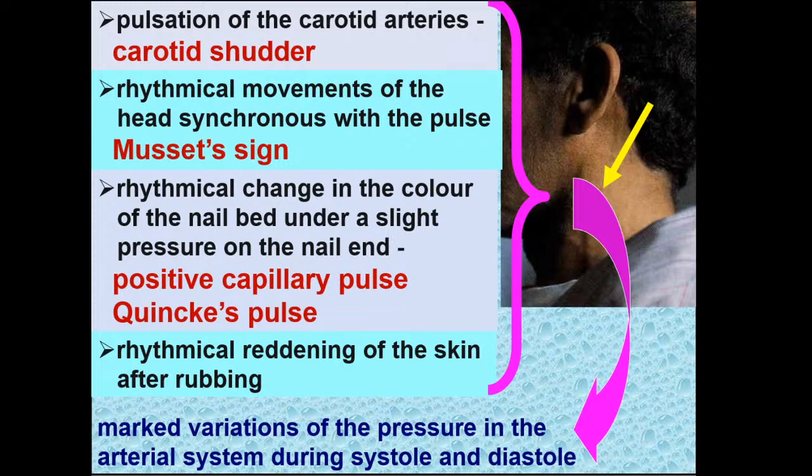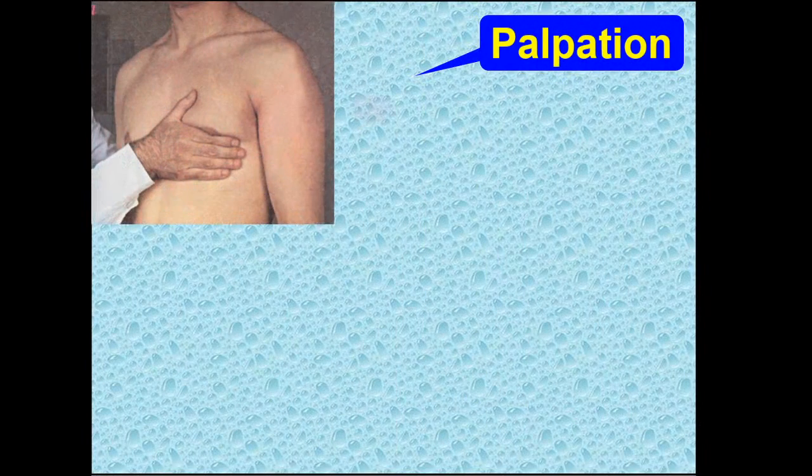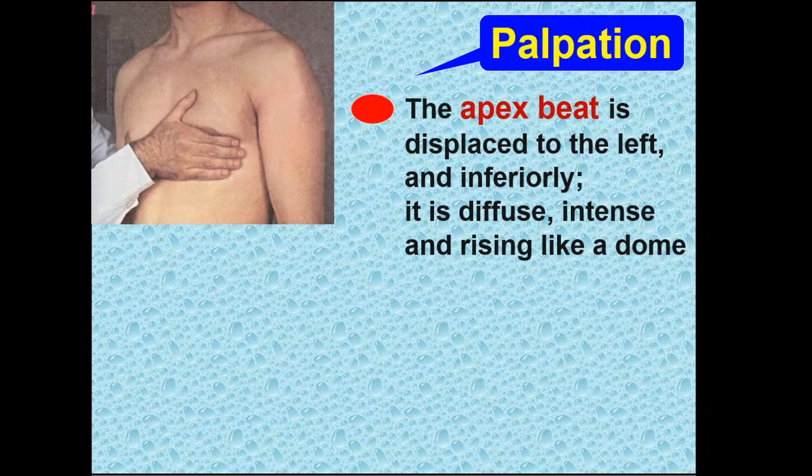It will be high systolic and low diastolic, because of the high heart stroke and deficiency of circulated blood during the diastolic period. On palpation, we can reveal displacement of the apex beat, which will be diffuse, high, and restricted due to the hypertrophied left ventricle.